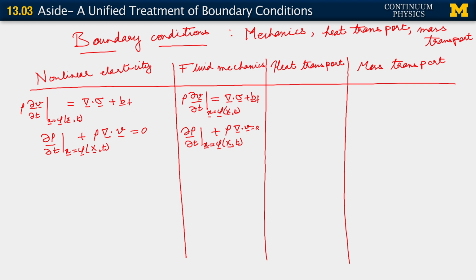Okay, and then in the context of heat transport, we had the following equation. In its final form, we had an equation which took on the following appearance. It took on the form rho 0 C, where in that case C was our specific heat.